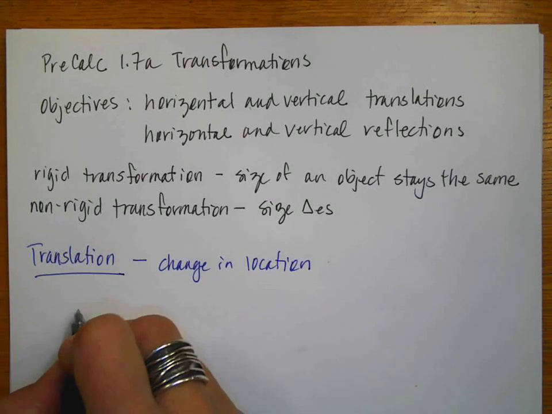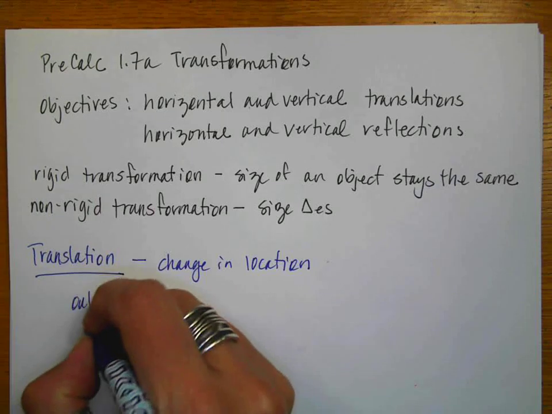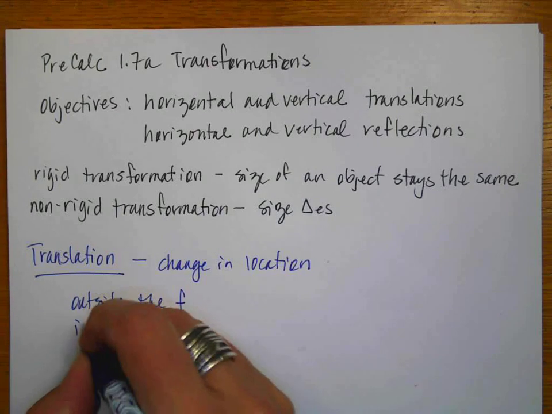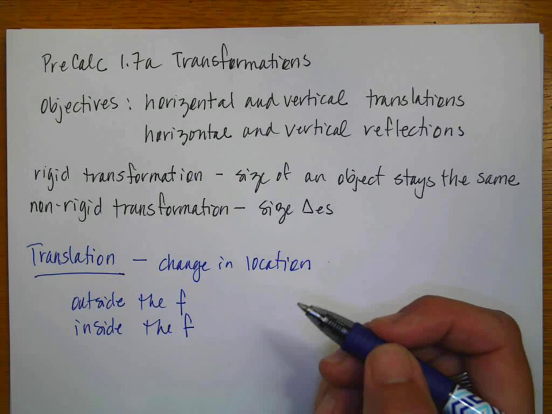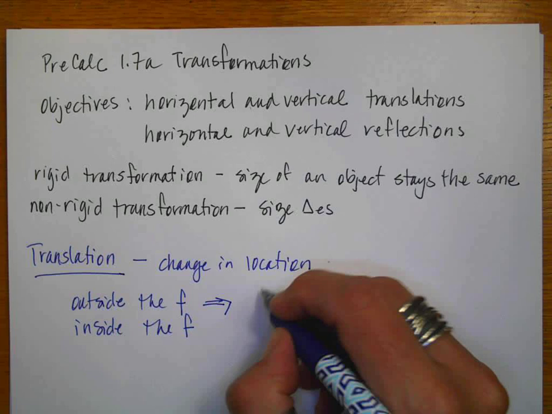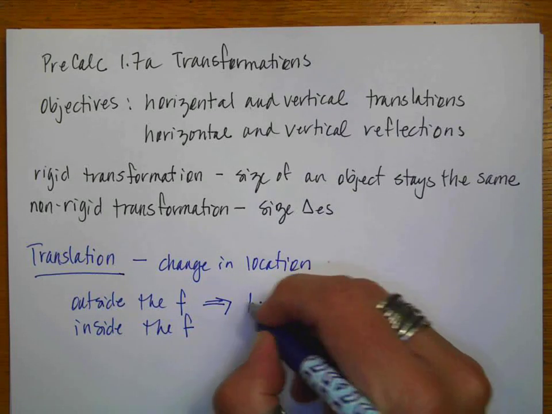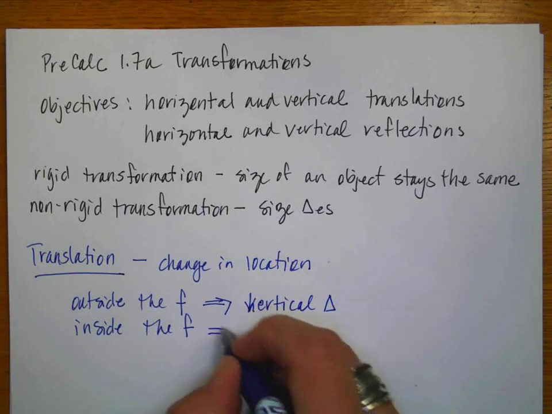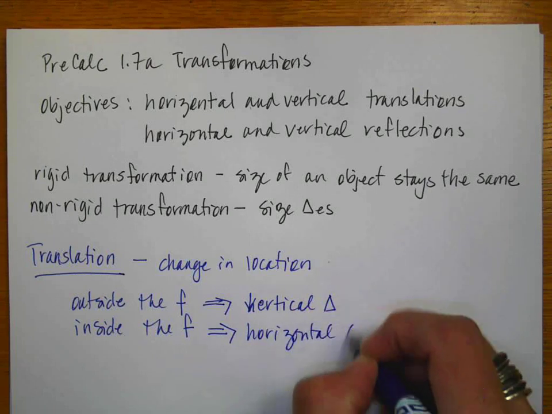So in all of these discussions, we want to talk about what I call, and it may not be technically correct, what's considered outside the function, and then what's inside the function. And I'll explain that as we go along, but outside the function is always going to be a vertical change, and something that's inside the function is going to be a horizontal change.